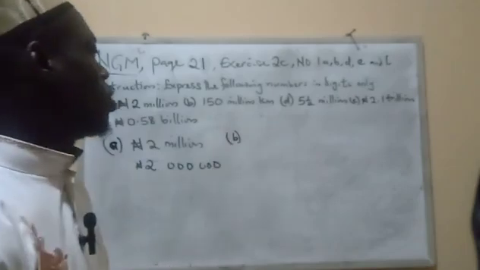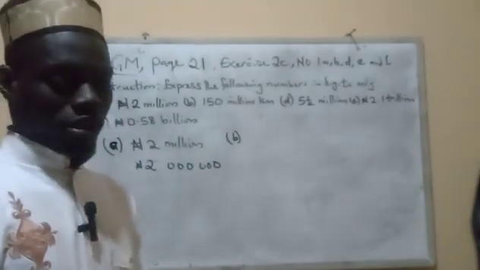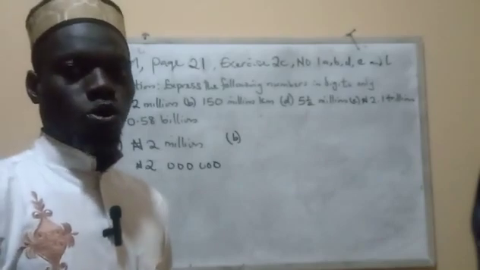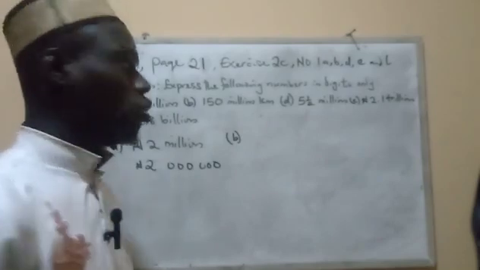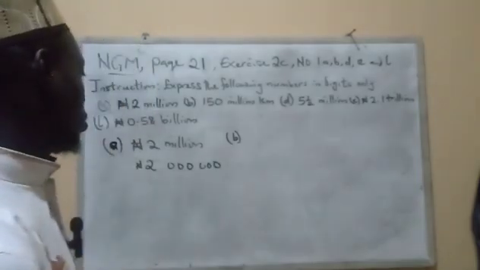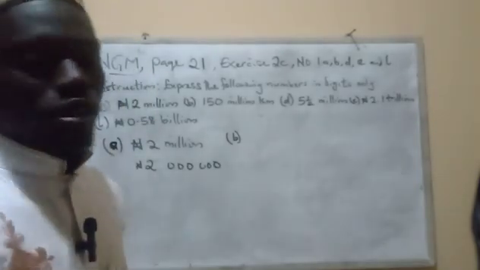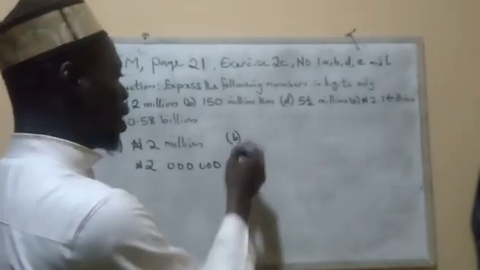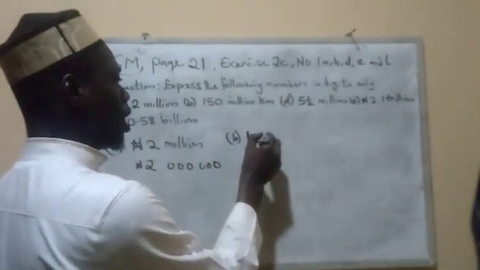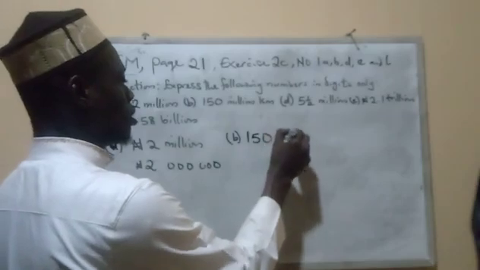The B says 150 million kilometer. The same way that we have done for the first one, we do it for that. So we have 150 million kilometer.